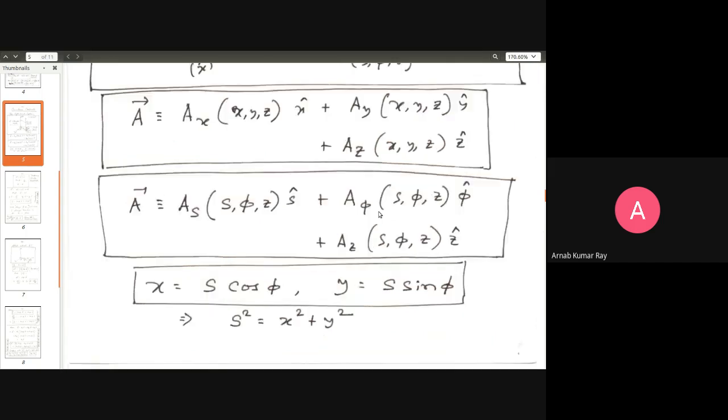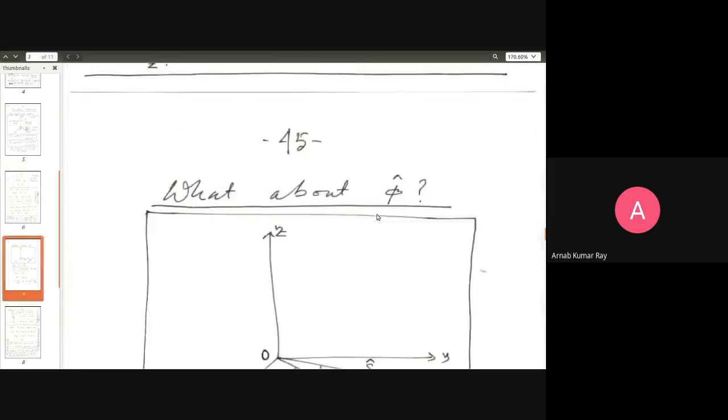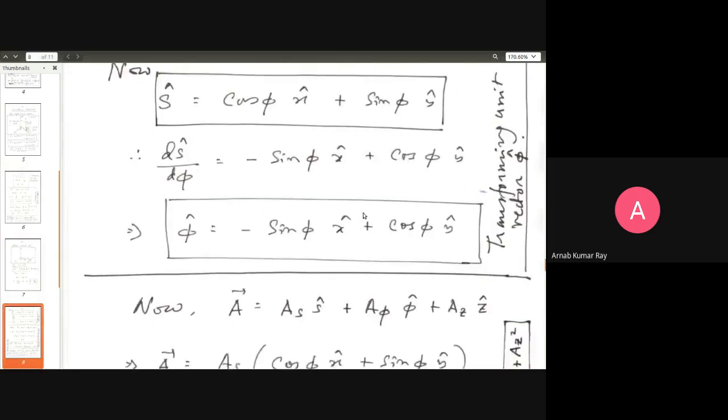Next is what happens when phi is equal to 90 degrees or pi by 2. So sin 90 degrees will be 1, cos 90 degrees will be 0. So phi cap will be minus x cap. How so?